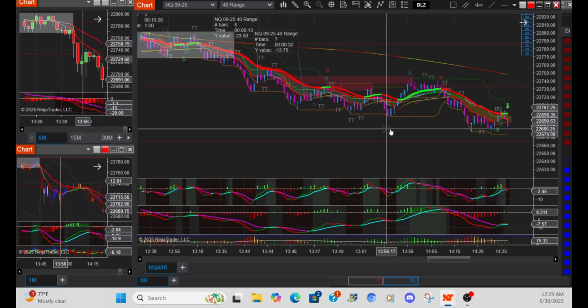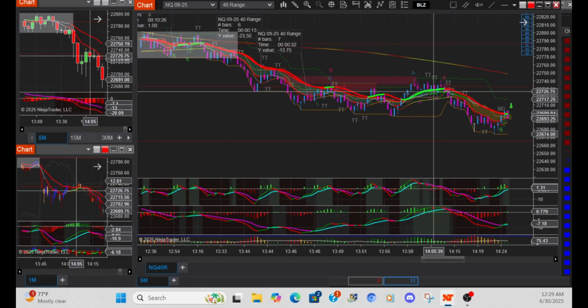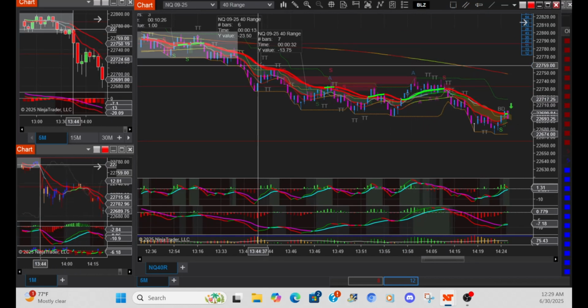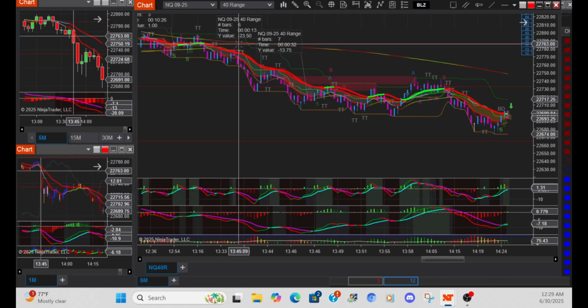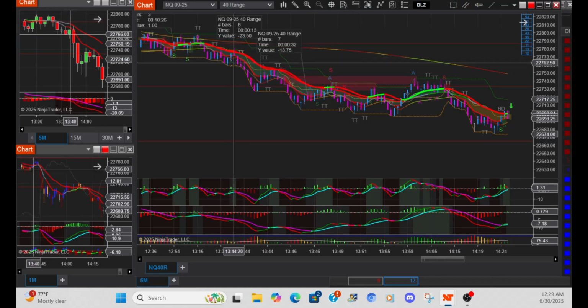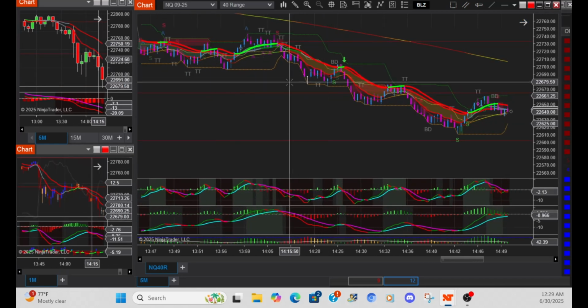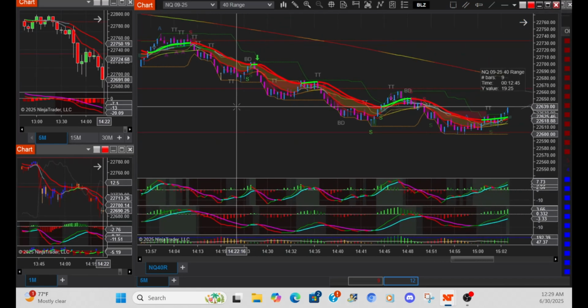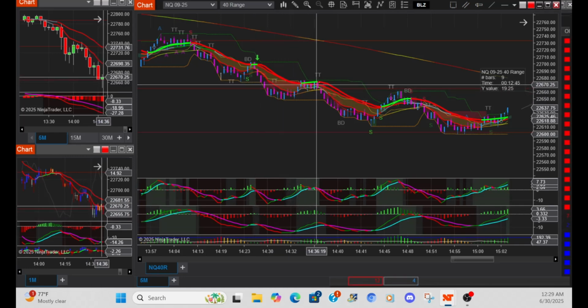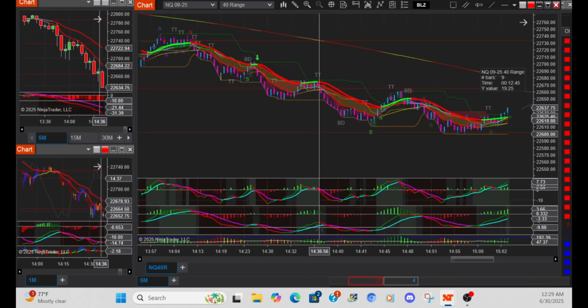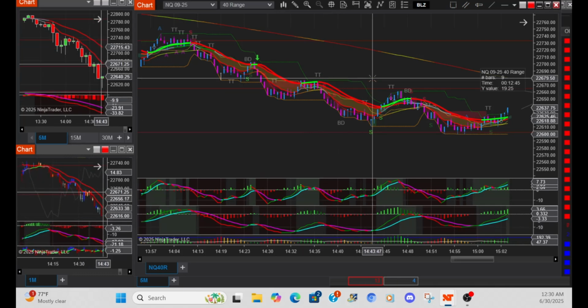But you see a range, wait for the retest. Wait for it to pull out one candle, a full candle. And then you guys have better odds on how it's going to play out. This here looks like it's going to go up, but look where we are. We're way below.